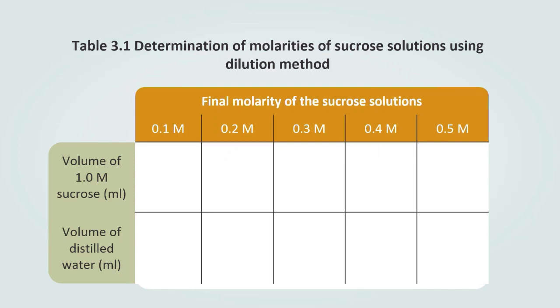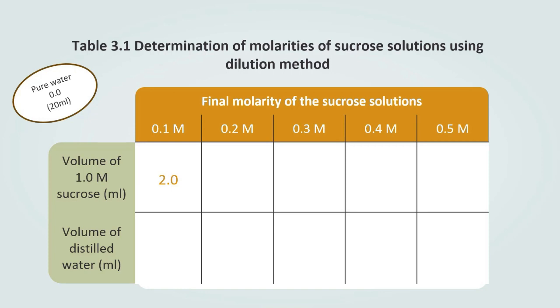So based on the calculation we just did, for 0.1 molar of the sucrose solution, we require 2.0 milliliter of the stock solution. What we need to take note of is that for pure water, when the molarity of the sucrose solution is 0, we need a volume of 20 milliliter.